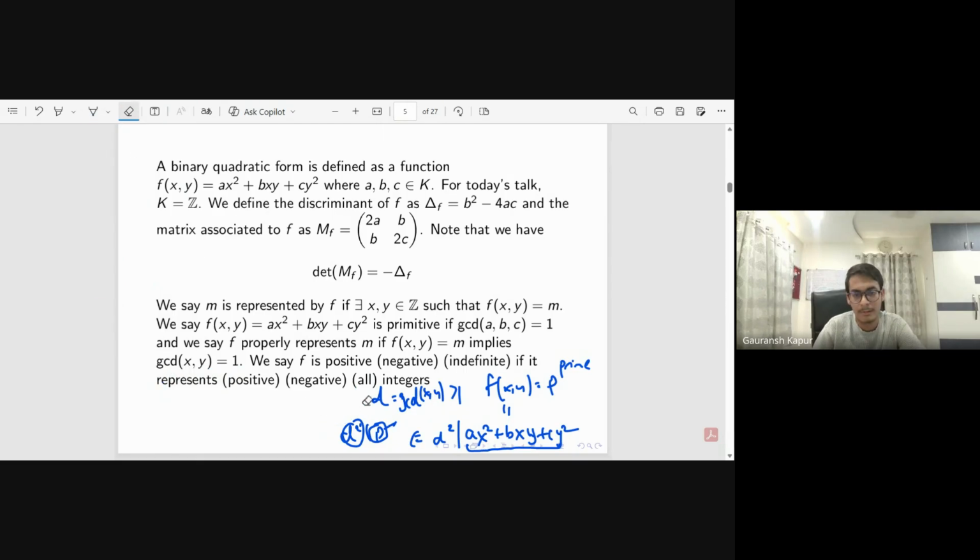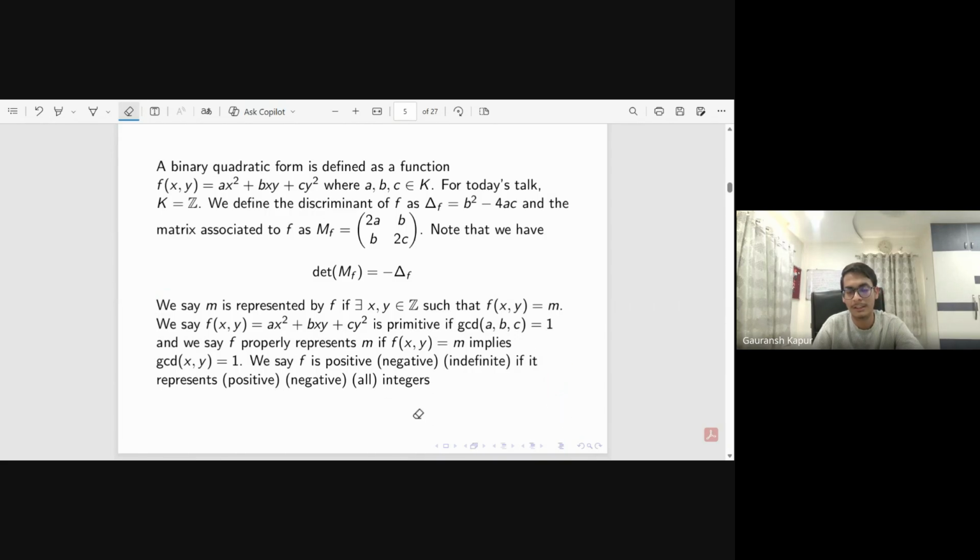So we say f is positive definite, negative definite, or indefinite if f represents only positive numbers, only negative numbers, or all integers, all as in both signs, positive and negative.